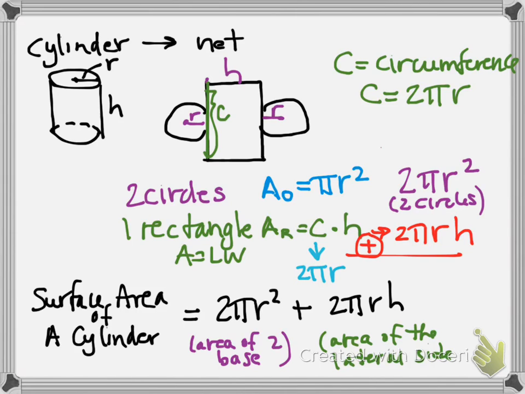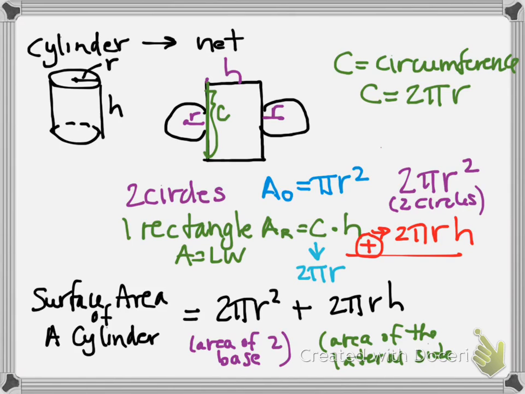So you have 2 ways to solve this problem. Number 1, memorize the formula and plug numbers in. Or number 2, draw out the net of your cylinder, figure out the circumference, which is the length of the rectangle, figure out the area of the circle and double it, figure out the area of the rectangle, and add those 2 together. Those are your 2 choices.